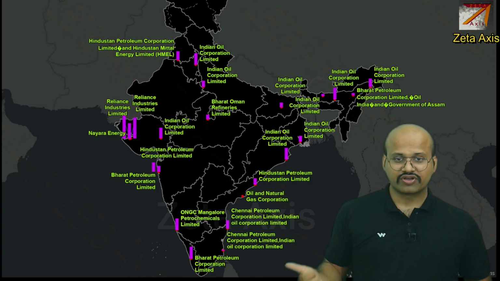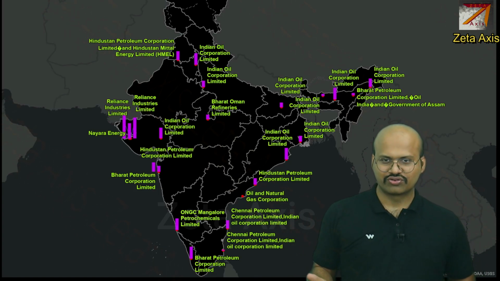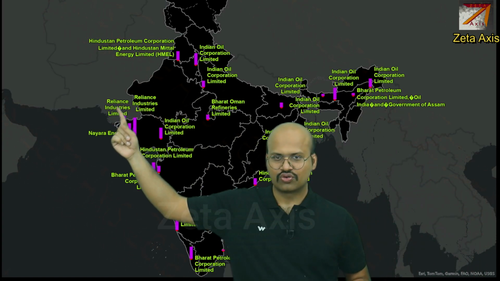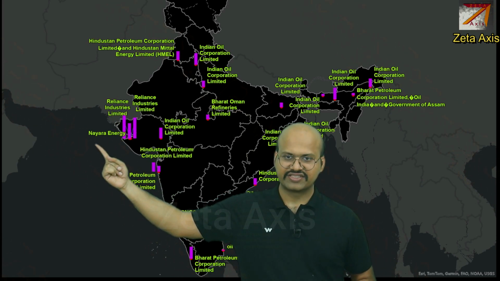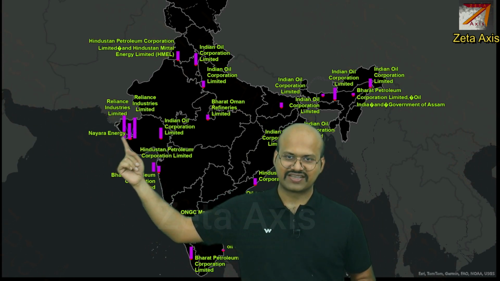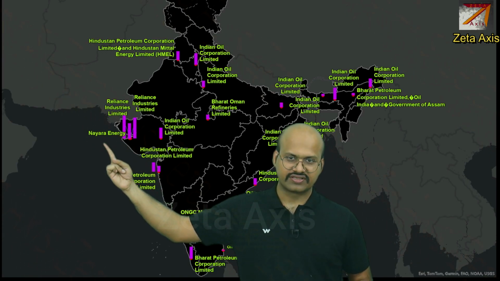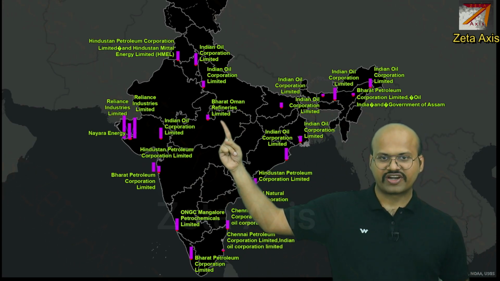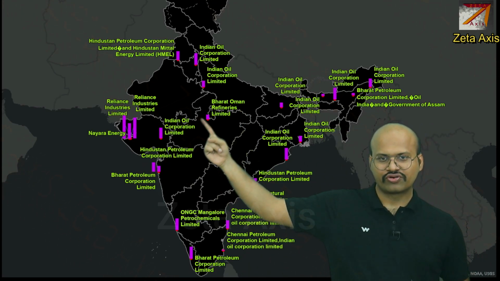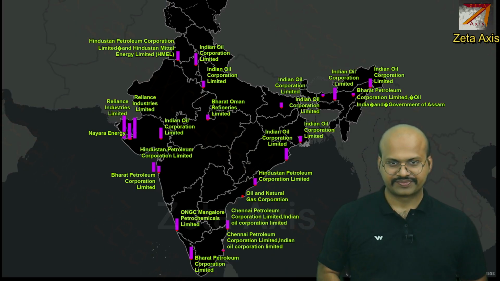These are the names of the companies controlling those refineries. Here two are from Reliance, and then we have this Nayara Energy, which was earlier Essar Oil, but Essar sold it, and now a Russian company owns Nayara Energy. And also here we have Bharat Oman Refinery, which is also a privately owned refinery.